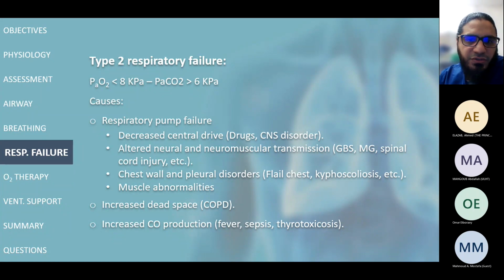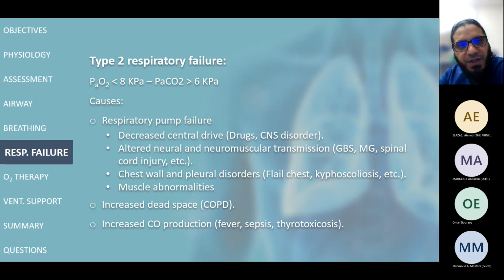It's either in the central drive, the CNS disorder, like in stroke and coma, and the patient is not ventilating well, or if he's under the effect of any drugs like morphine. If there is a neuromuscular problem like GBS, myasthenia gravis, or spinal cord injury, or if there is a problem with the chest wall and the pleural disorder like massive effusion or flail chest.